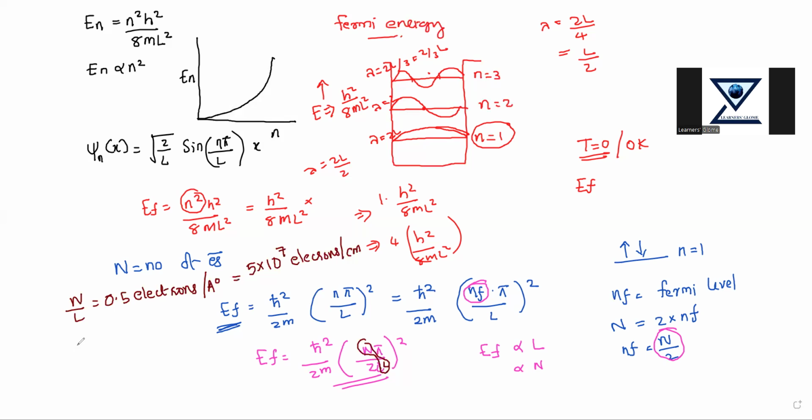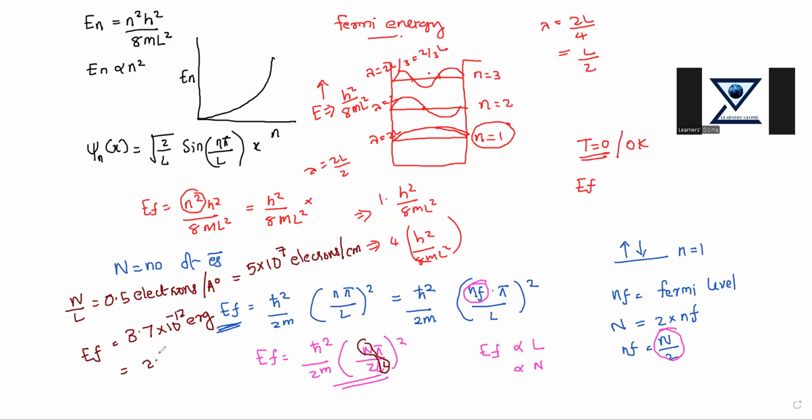Then the Fermi energy can be calculated because all others are constants. ħ is equal to h by 2π, m is the mass of the electron, and π is 3.14. Then the Fermi energy is equal to 3.7 into 10 raised to minus 12 erg, or we can write in SI unit as electron volt.